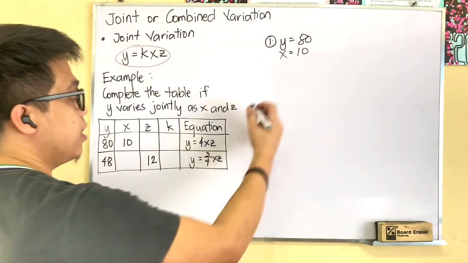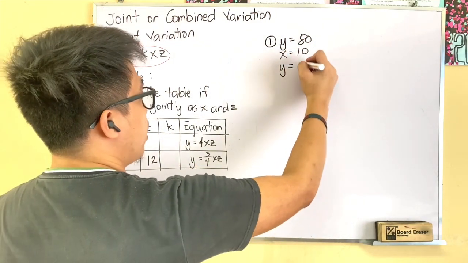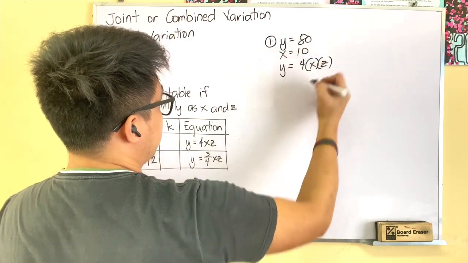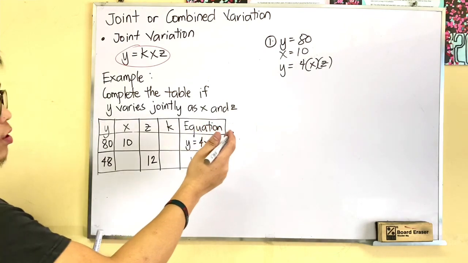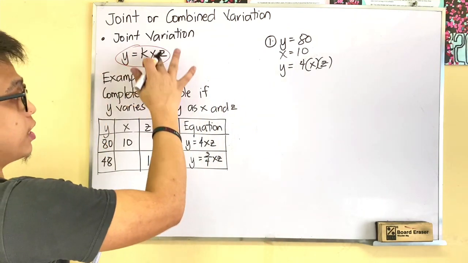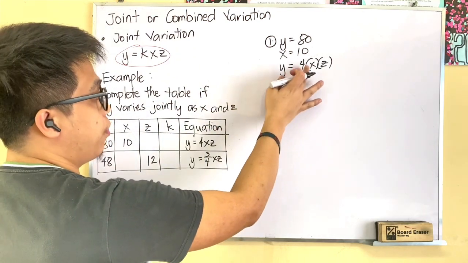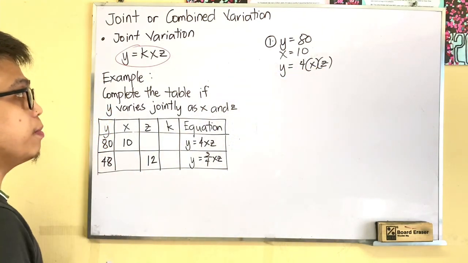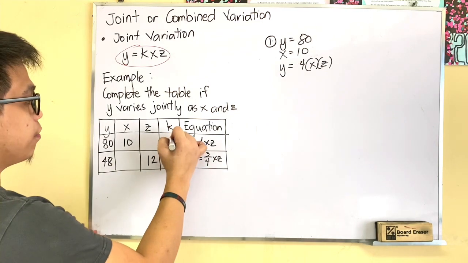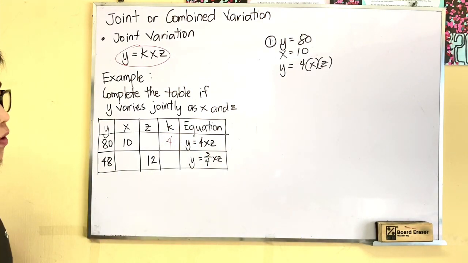Nahanap si z and k when the equation is y is equal to 4 times x times z, or simply 4xz. So, kung mapapansin nyo, mula sa y is equal to kxz, meron na tayong y is equal to 4xz. So, meron na tayong value ni k. And what is the value of k? Tama, the value of k is simply 4.